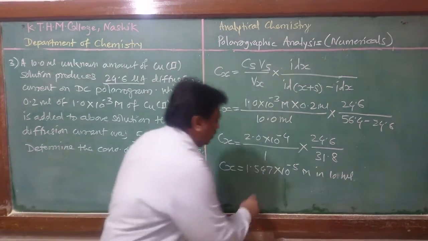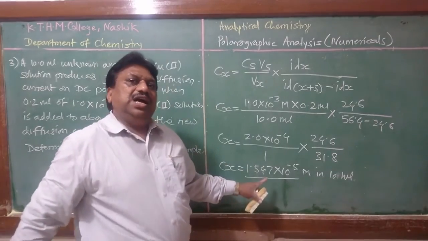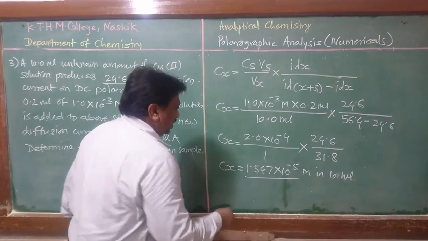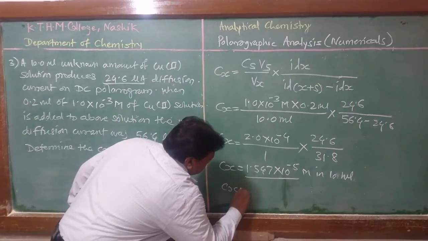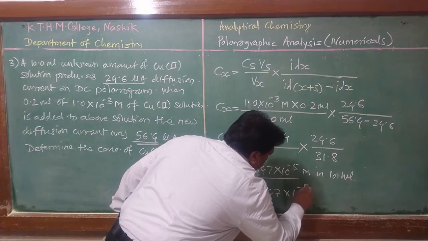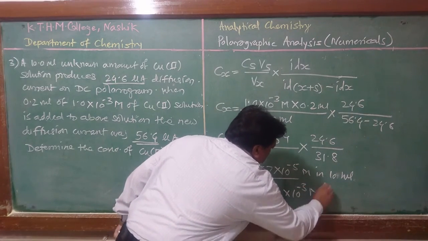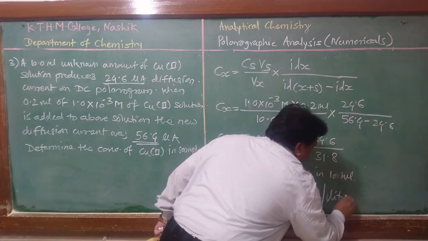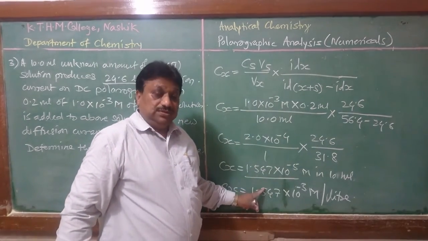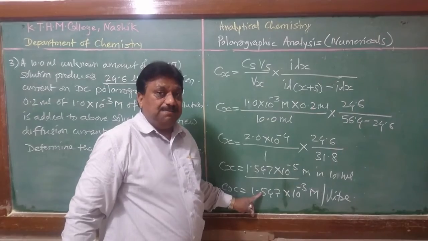This is the concentration of copper in 10 ml, and for 1000 ml we have to multiply it with the dilution factor. Therefore, Cx is equal to 1.547 into 10 raised to minus 3 moles per liter, and this is the concentration of copper in the sample.